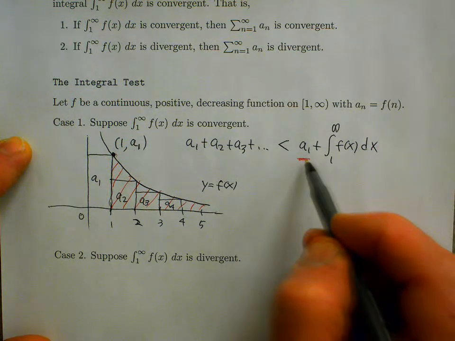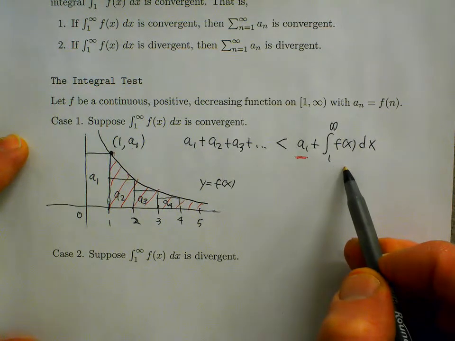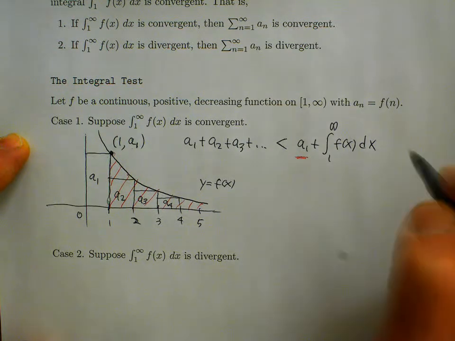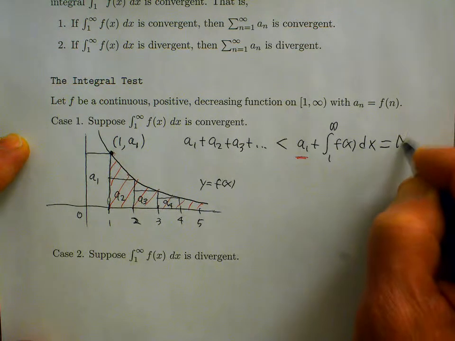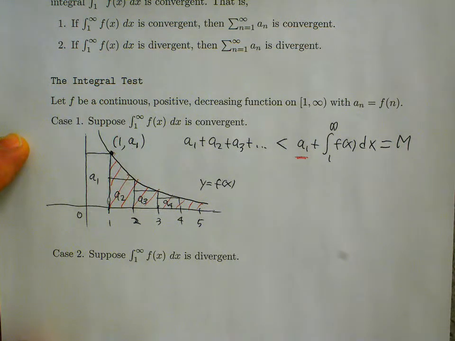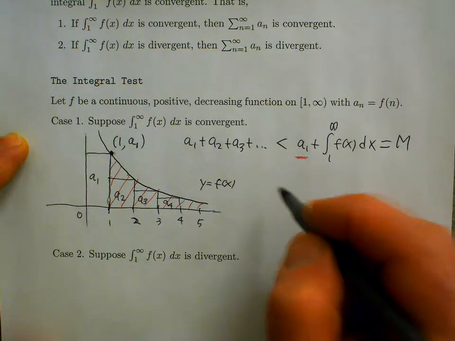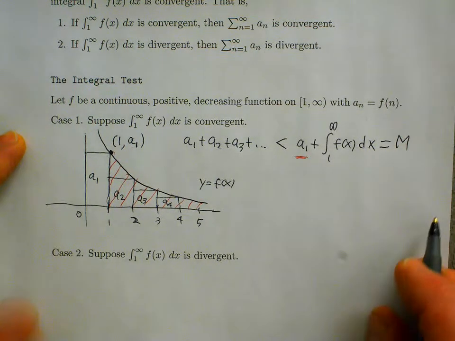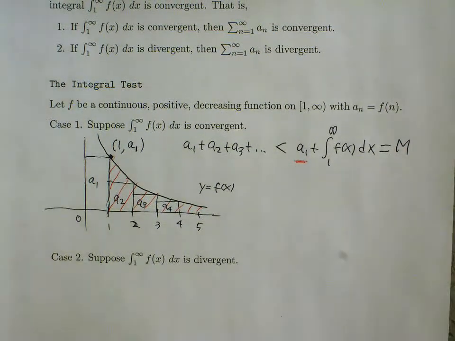So a sub 1 plus this improper integral of f of x from 1 to infinity is equal to a finite number. I'll just call it m. And so we can conclude that the infinite series of the a sub n terms is also convergent.